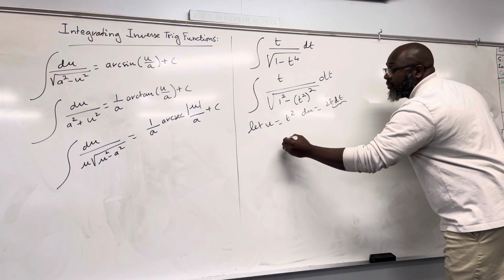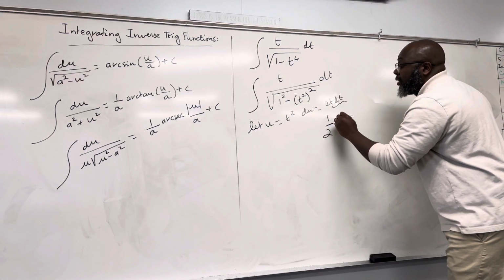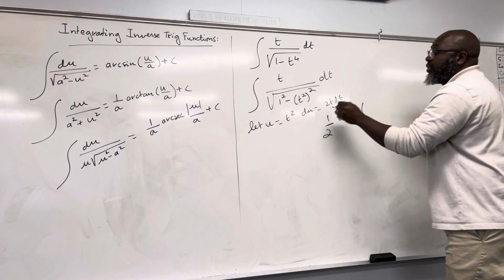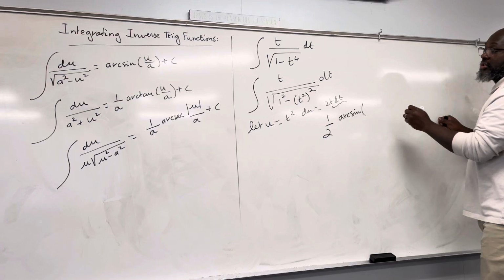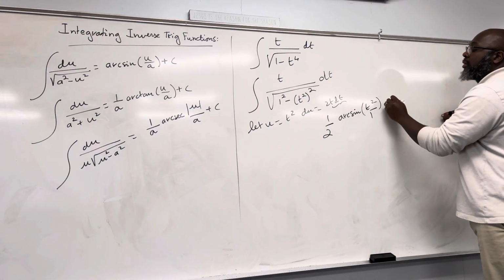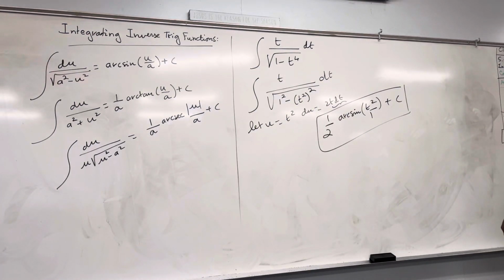So that's gonna give me 1/2 arc sine of u, which is t squared, over a, which is 1, plus c. So that's gonna be our solution here.